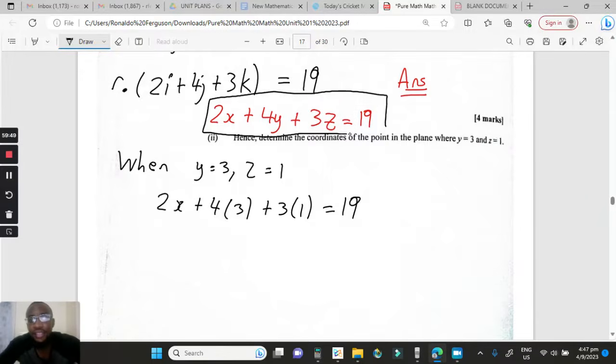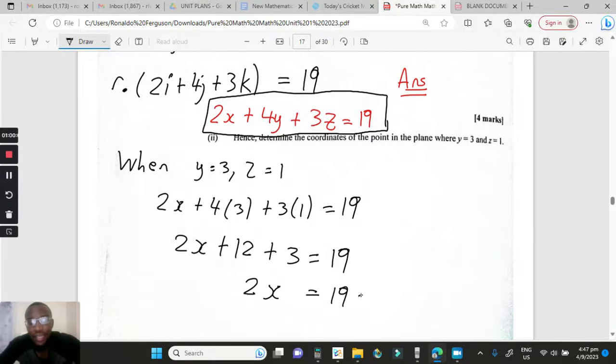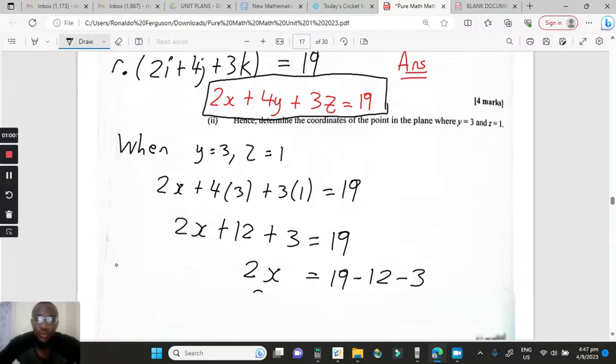We're getting 2x plus 12 plus 3 equal 19. Bring over the 12 and the 3. So 2x is 19 minus 12 minus 3. 19 minus 12 is 7, 7 minus 3 is 4. 2x is 4, and so x is 2.